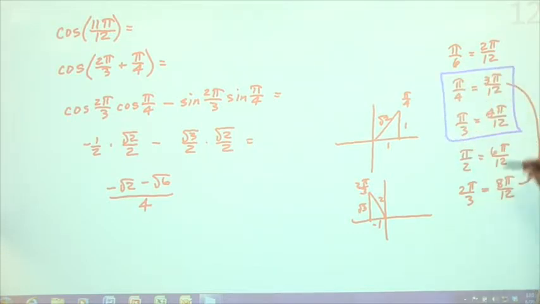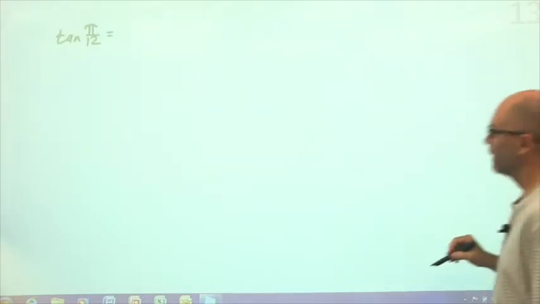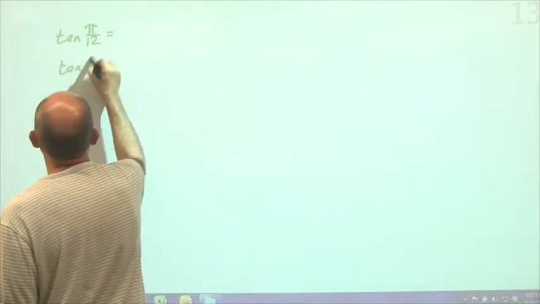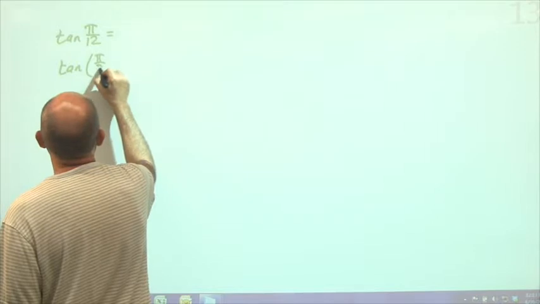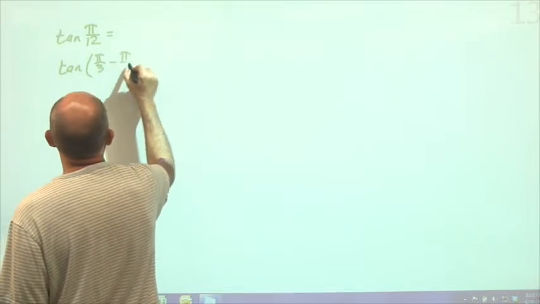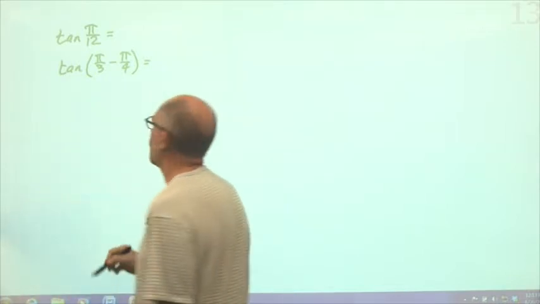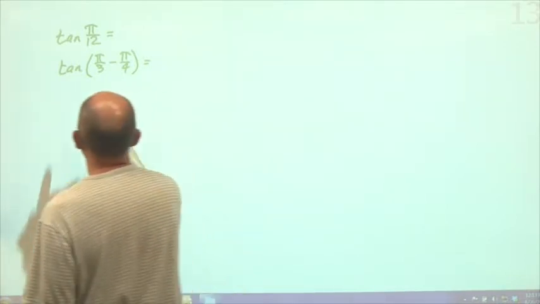So if I go 4 pi over 12 minus 3 pi over 12, that gives me pi over 12. So that's what I have here: tangent of pi over 3 minus pi over 4. Okay, so what's the tangent function?